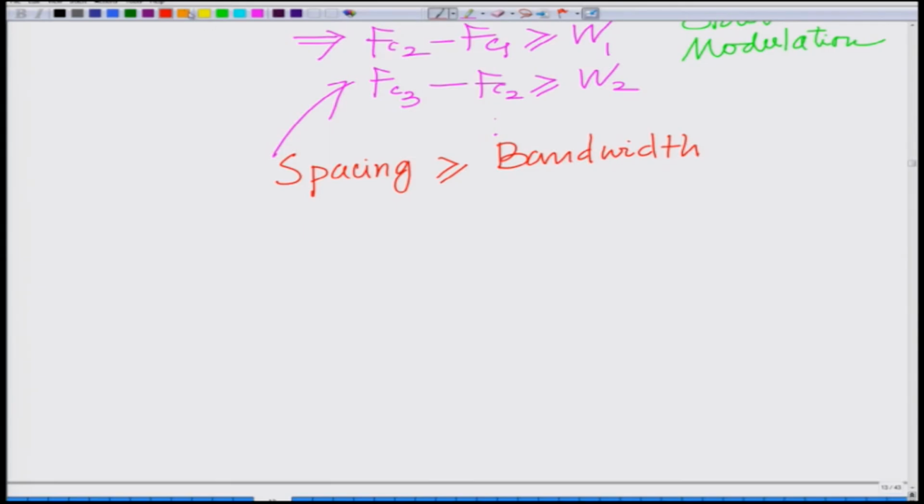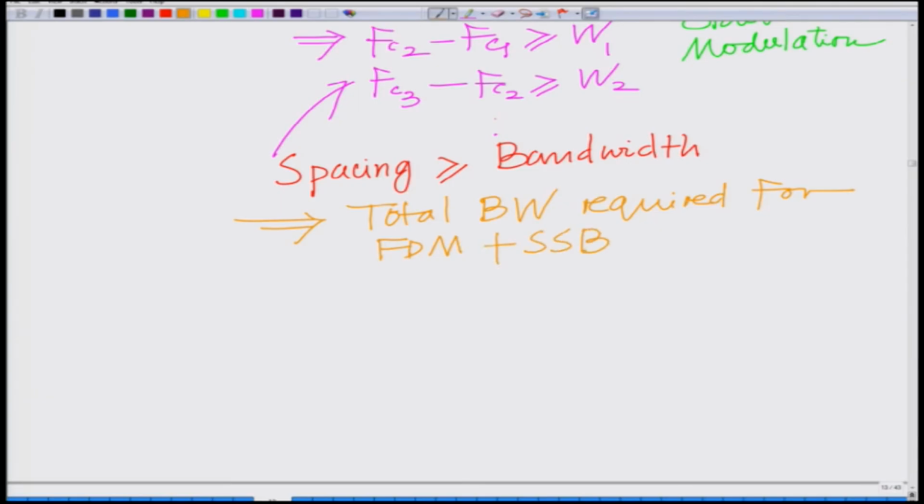Therefore, the total bandwidth required for FDM plus SSB, that is frequency division multiplexing with single sideband modulation, is much smaller than the bandwidth required for FDM plus DSB.